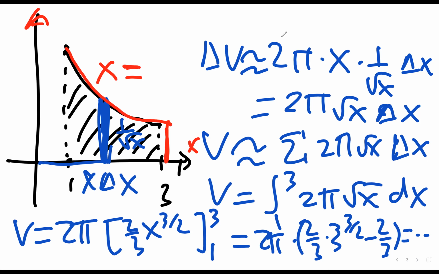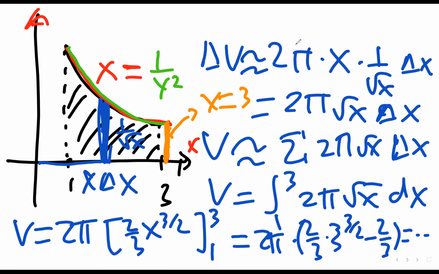So x cannot be written by just one formula of y, because actually this is divided into two parts. The first part is y equals 1 over square root of x, so x equals 1 over y squared. On the other hand, you also have this part, where x equals 3.